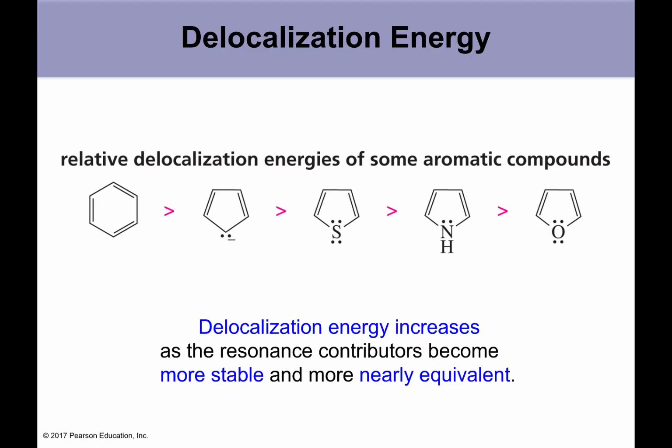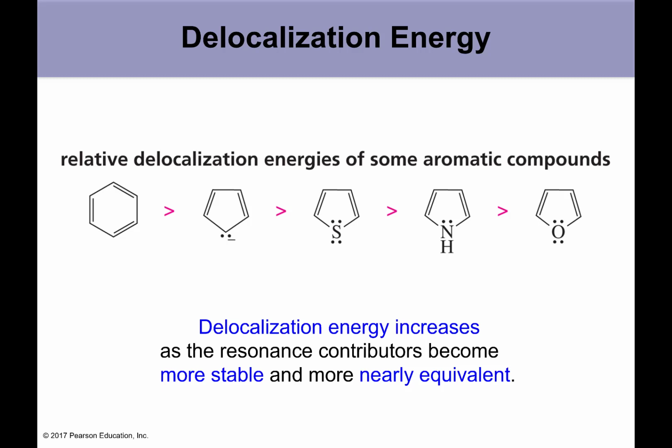As you may recall in Chapter 8 and a little bit in Chapter 18, we talked about delocalization energy, and that has to do with stability gained by a molecule or an ion by being able to delocalize its electrons in the ring. The delocalization energy of aromatic compounds is larger than for simple conjugated compounds like butadiene, for example.